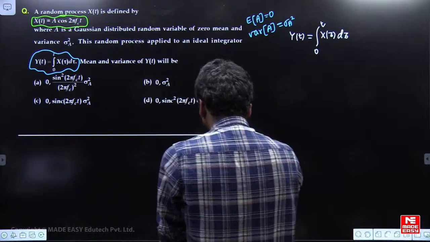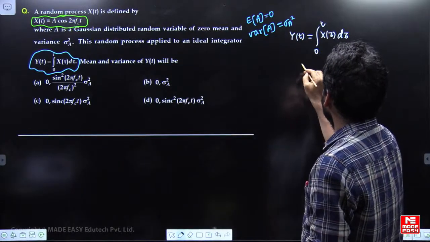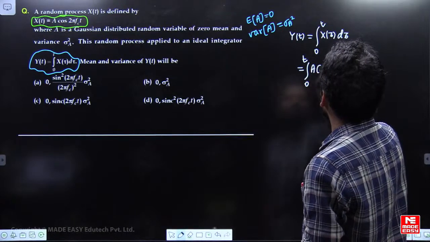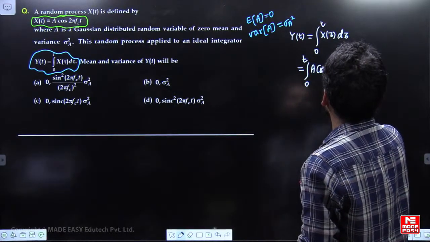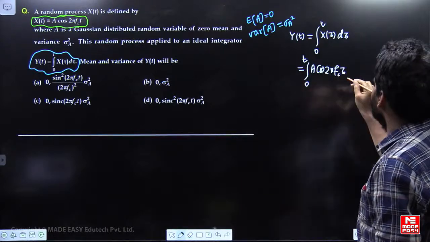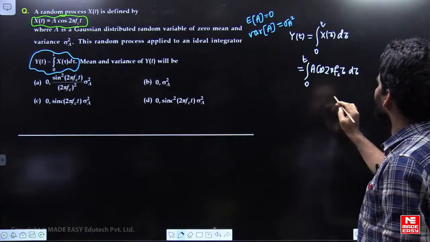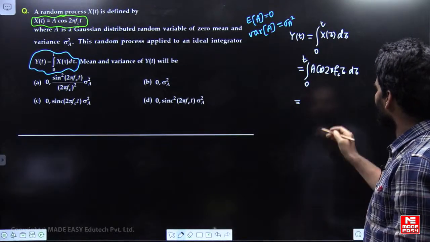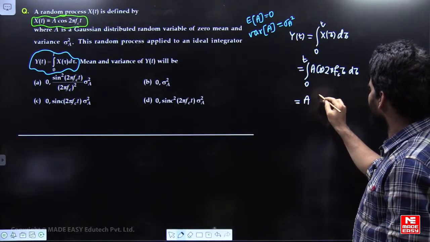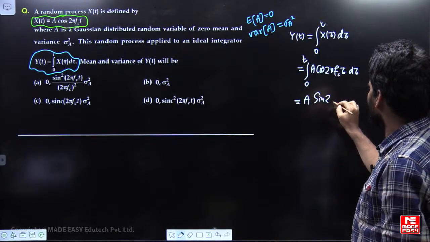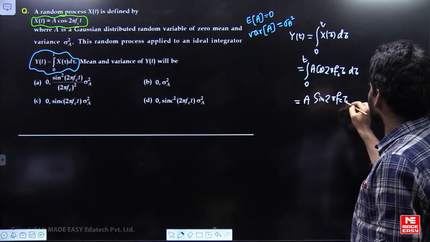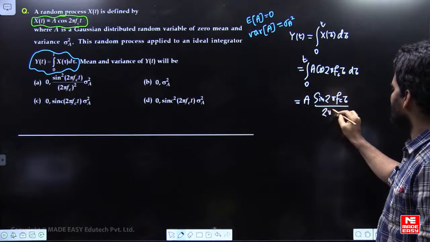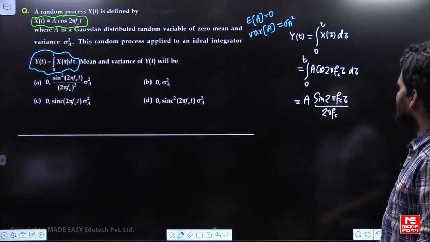If you find the integration here, 0 to t of A cos 2 pi f_c tau d tau, with respect to tau, then A you can let outside. Integration of cos will be sine 2 pi f_c tau upon the differentiation of this argument with respect to tau, that is 2 pi f_c.